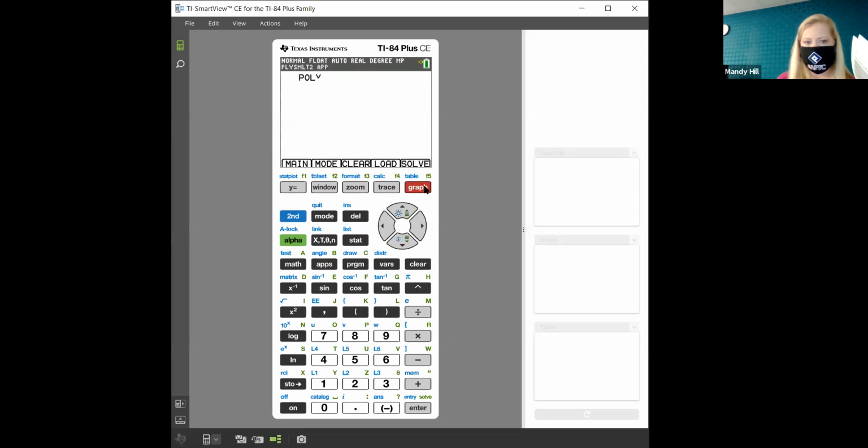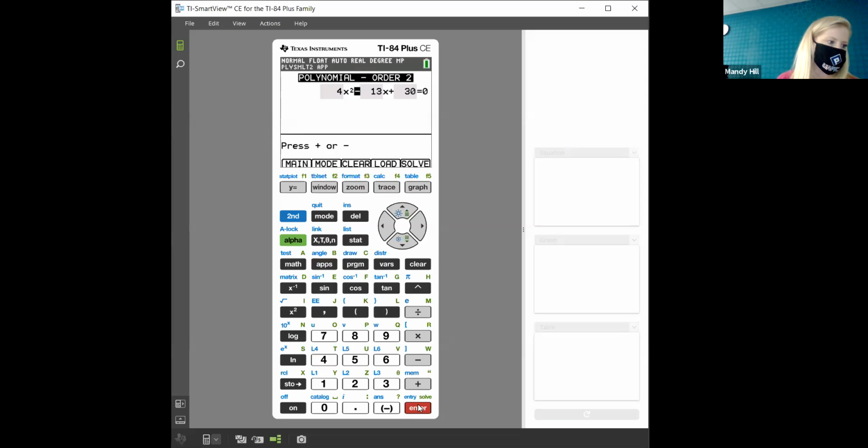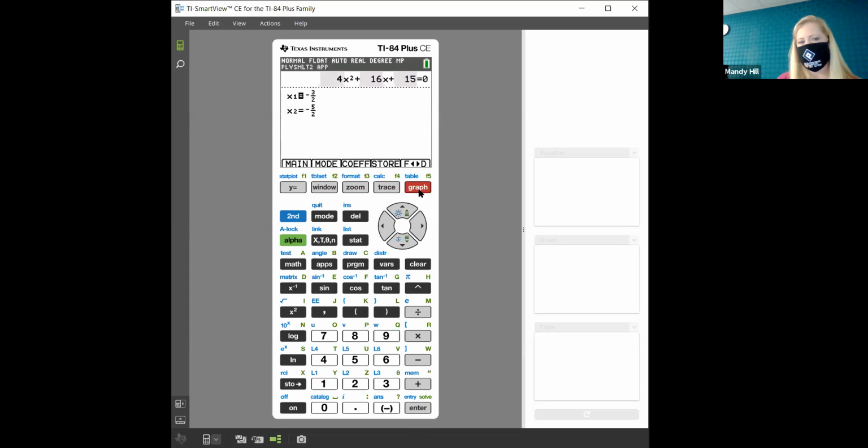So I would hit graph for next, and I'm just plugging in my equation, which was 4x squared plus 16x, and then it was plus 15. Okay, and then I hit graph, so it'll solve it for me.